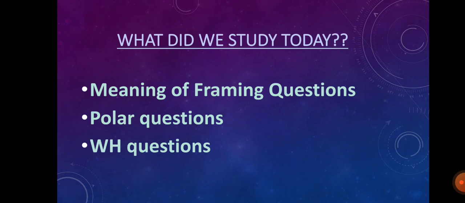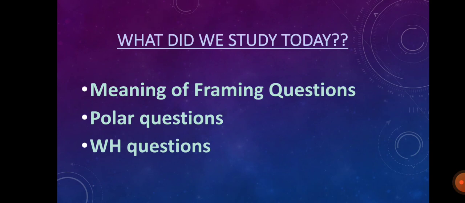We saw two types of questions, that is polar questions and WH questions. Polar questions refers to those questions where the answer should be yes or no, and the question should begin with helping verb.